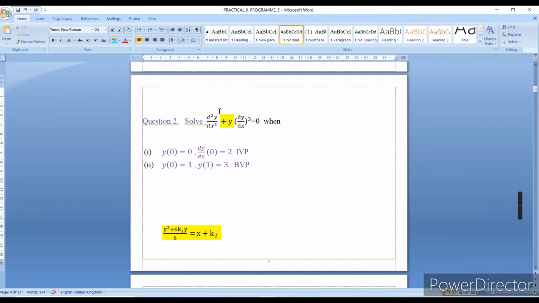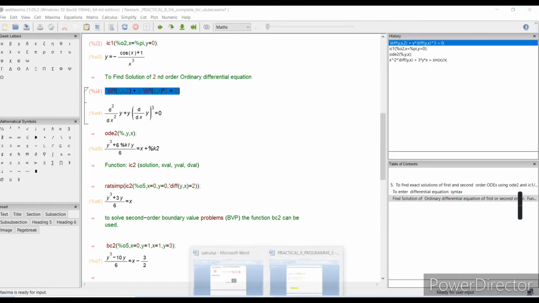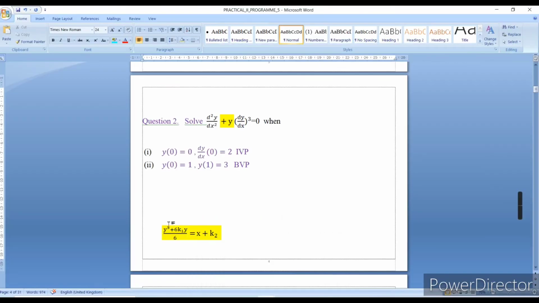Now we will solve this in the MAXIMA software. First of all I will enter this in the MAXIMA software, and I will show the syntax for the differential here. The syntax you can write is diff(y, x, 2).